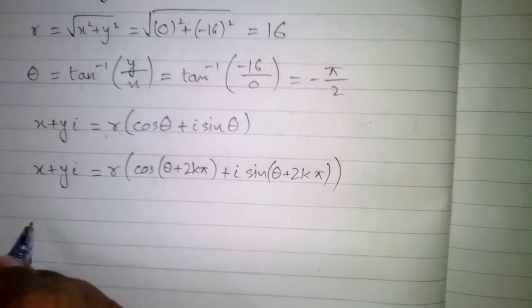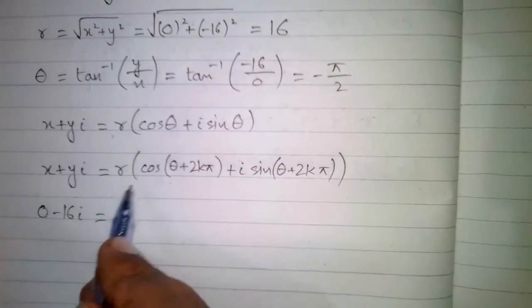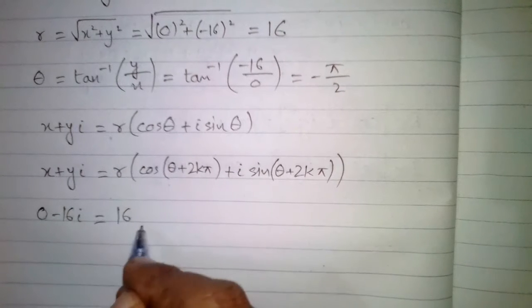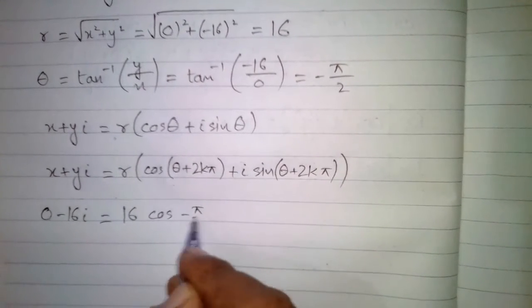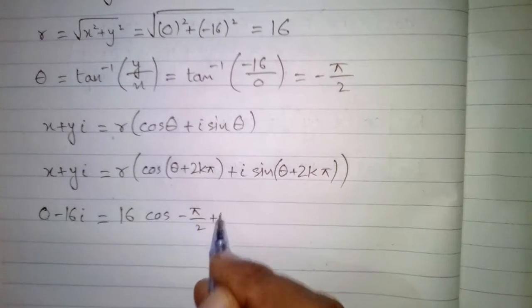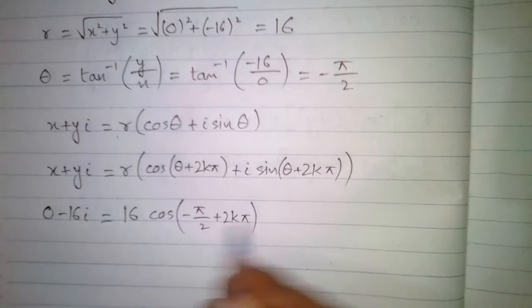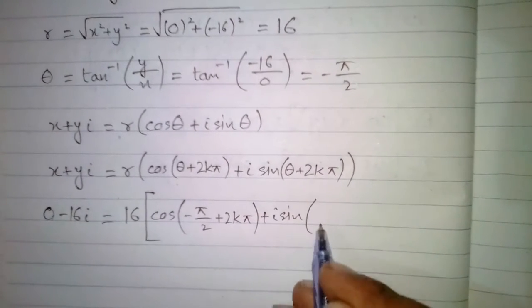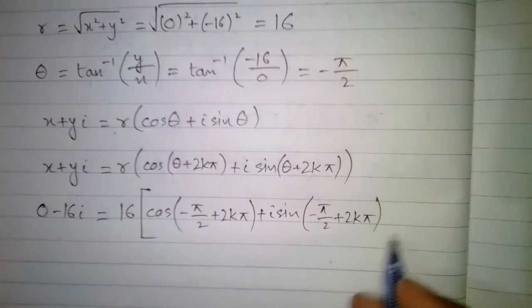Now we have the complex number 0 minus 16 iota, so we will put the modulus r, which is 16, and then the angle minus pi by 2. So we have cosine of minus pi by 2 plus 2k pi plus iota sine of minus pi by 2 plus 2k pi.